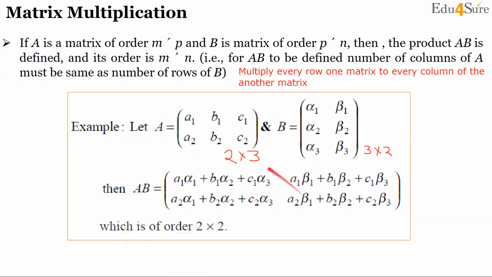And always remember, when we do multiplication, it is not mandatory that the orders of the matrices be the same. But we can find out what order the resultant output will have. Whenever we do the multiplication, always remember that the second order number should be the same for both matrices.